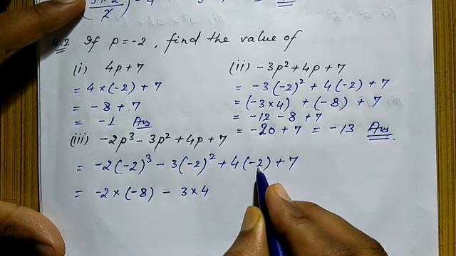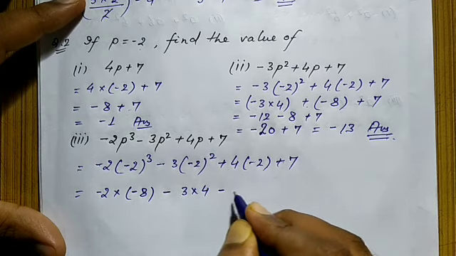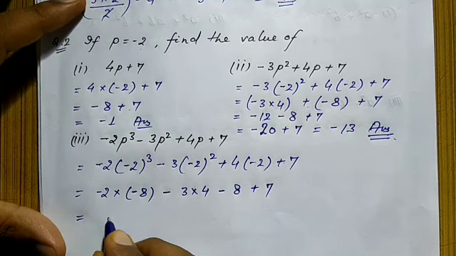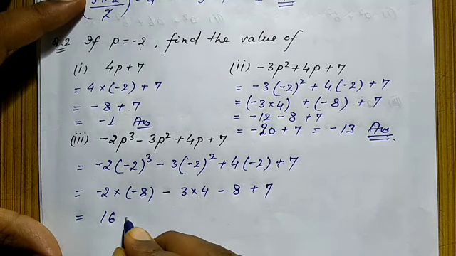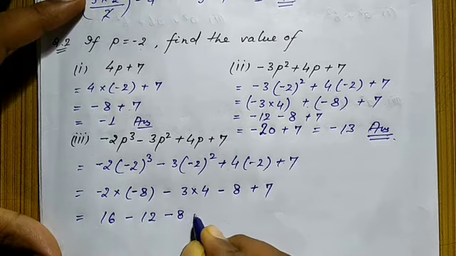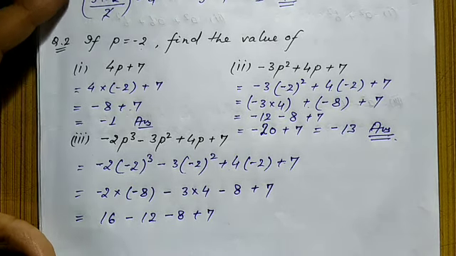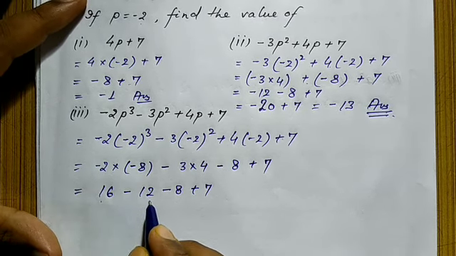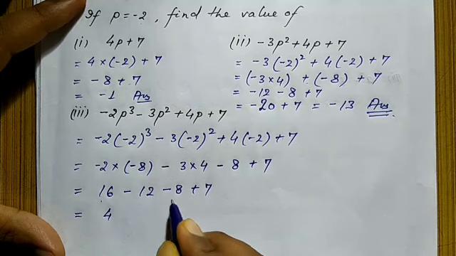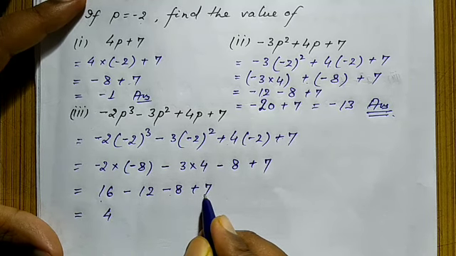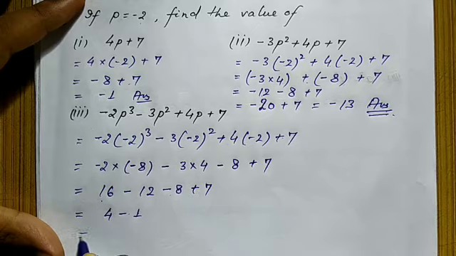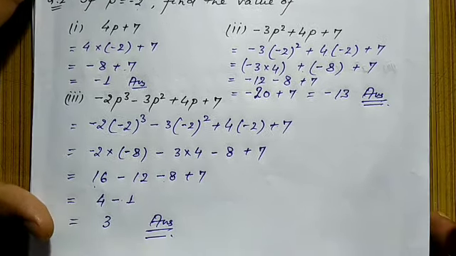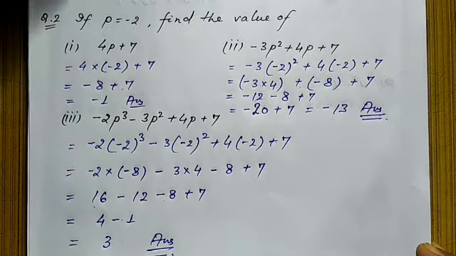Here plus 4 into minus 2, this will become minus 8 plus 7. Okay, 16 minus 12 is 4, minus 8 plus 7 is minus 1, 4 minus 1 is 3. So the answer is 3. Okay, so question number 2 completed.